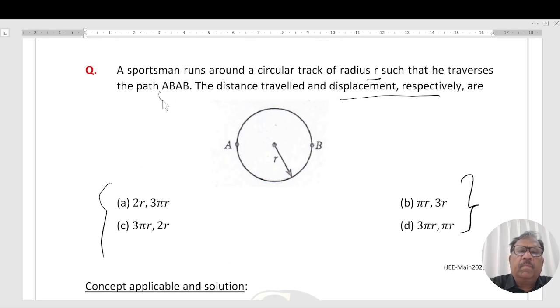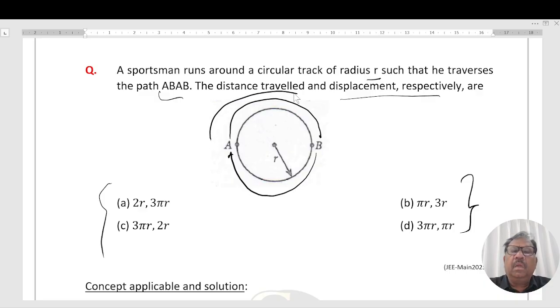AB means first he will move like this. Then again AB means again we will reach this. Then again reaches like this.